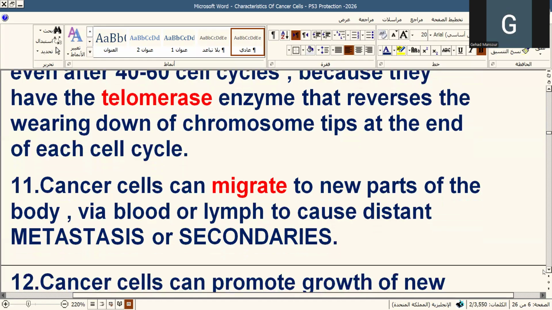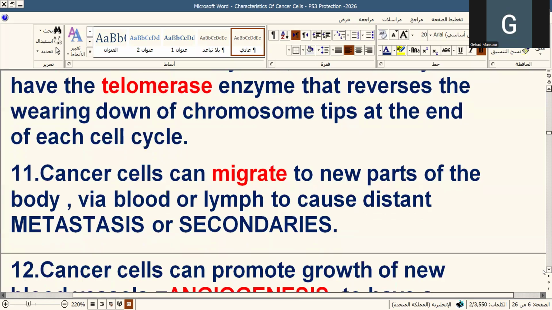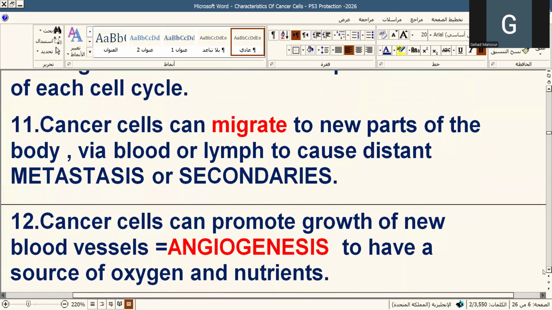But cancer cells have plenty of cumulative mutations, so they can build their own telomerase enzyme in large quantities, and we know that the telomerase enzyme reverses the wearing down of the chromosome tips by building new telomeres after having lost the tips of the chromosomes.